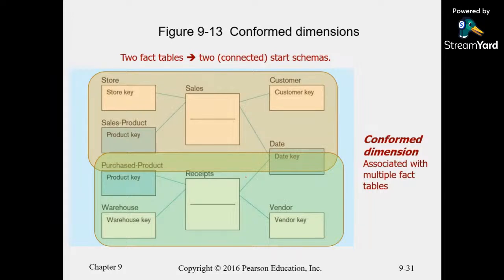These two schemas are connected with a common dimension, date. The term for this is a conformed dimension. Conformed dimensions are dimension tables associated with two or more fact tables for which the dimension tables have the same business meaning and primary key with the fact tables.